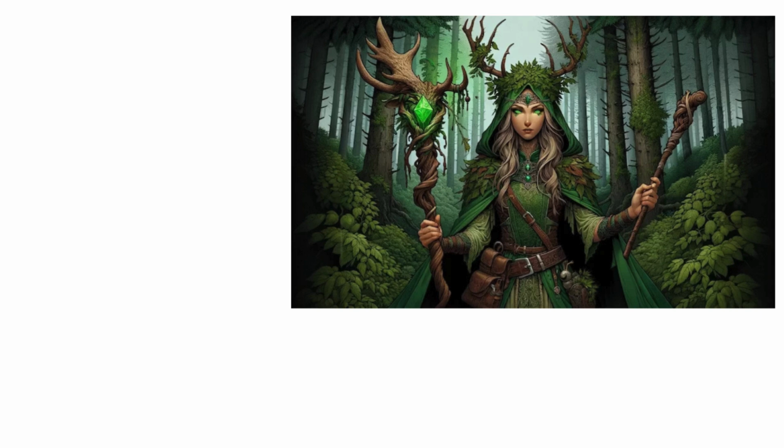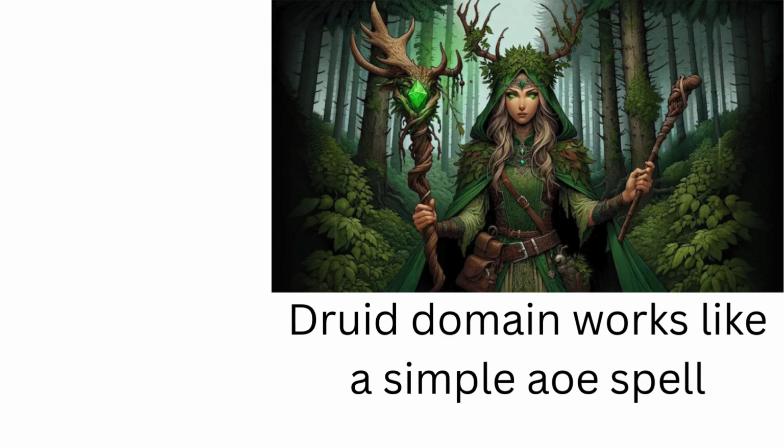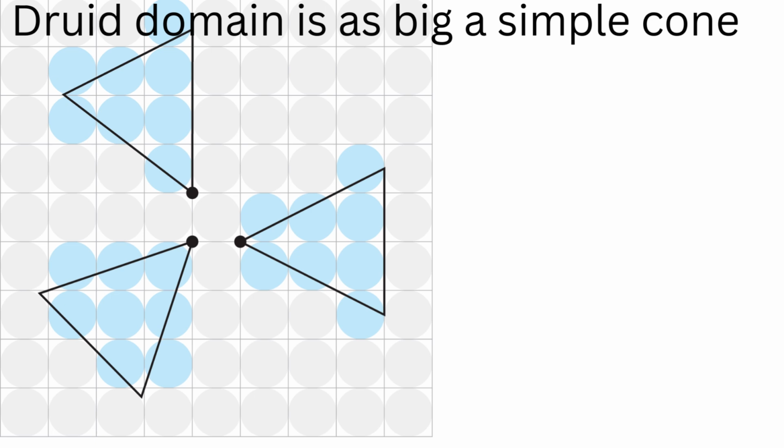How I would handle that is simply adjudicate it the same way you would Burning Hands, as I've realized that, say, the cone version of Burning Hands only has 8 squares of effect, and you could also use it as a straight line if you want to ensnare someone in your Druid domain at spell range. However, it would only affect melee range if you wanted to create a ring around yourself.